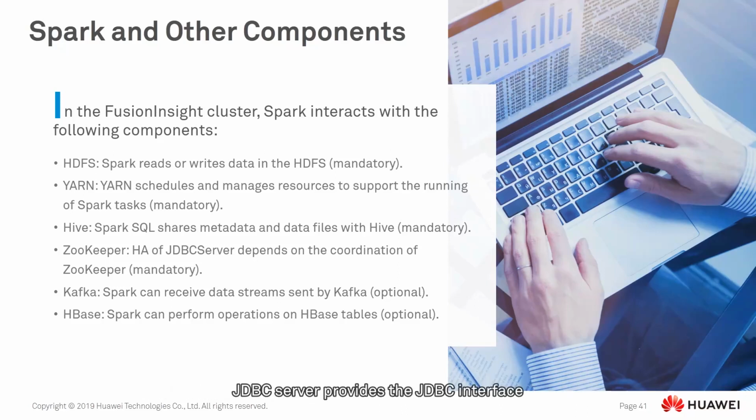JDBC server provides the JDBC interface for directly sending external JDBC requests to compute and parse structured data. The first four are mandatory. Besides, Spark can receive data streams sent by Kafka, and it can perform operations on HBase tables. These two are optional.